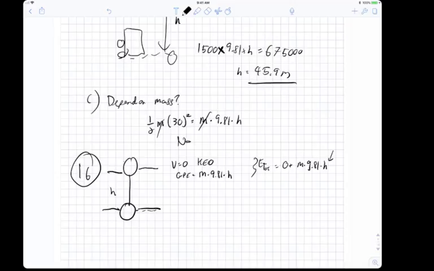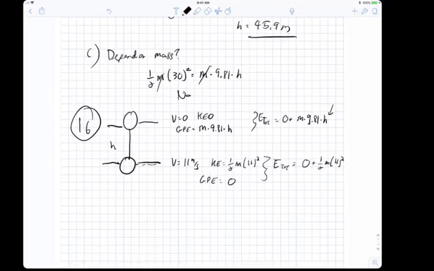Down here at the bottom, v is going to equal 11 meters per second. So the kinetic energy is going to be 1/2 m 11 squared. And the gravitational potential energy at the bottom is going to be 0, because the height is 0. And so the total energy is going to be 0 plus 1/2 m times 11 squared.